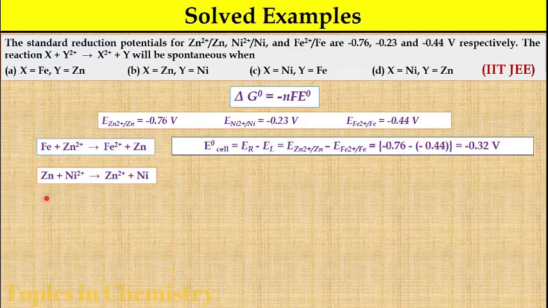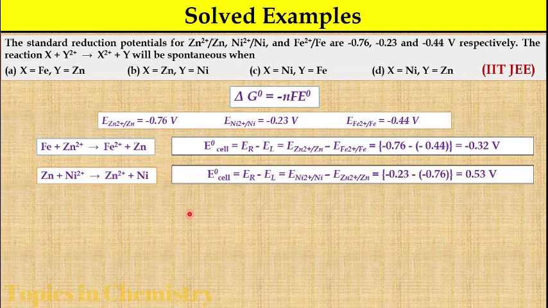Now consider the second reaction. Here Zn oxidizes to Zn2 plus, so that is an easy process. But here nickel 2 plus converts to nickel. So now you have to calculate the value of E0 cell for that reaction. E0 cell is equal to ER, where the reduction takes place, for nickel 2 plus. So E0 of Ni2 plus/Ni minus, where the oxidation takes place, for Zn at the left hand electrode.